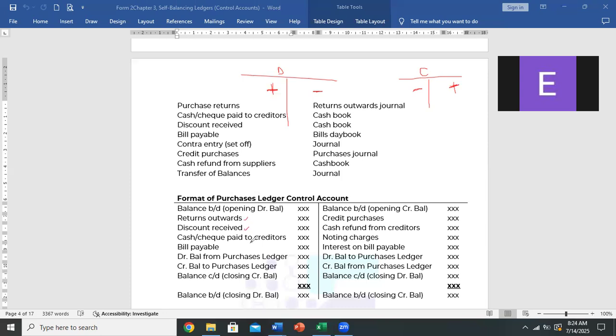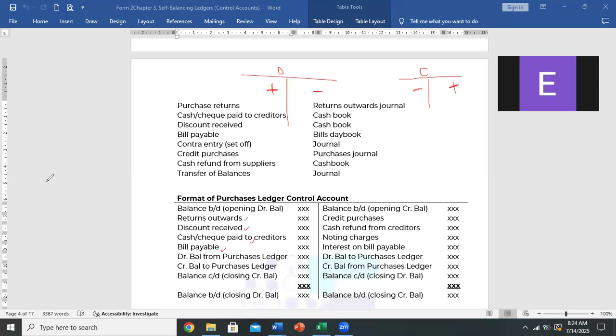And then when the business pays cash or cheque to creditors, it also reduces their balances, as well as bills payable. I think I spoke about the bills payable and the bills receivable, okay, as negotiable instruments that act as title to money. Okay, so it behaves like cash or cheque.